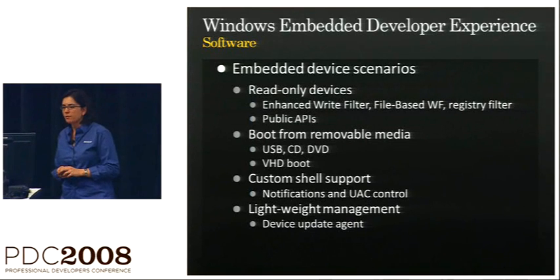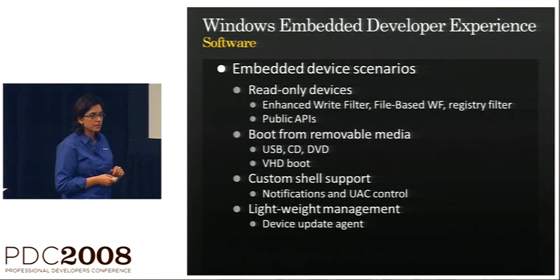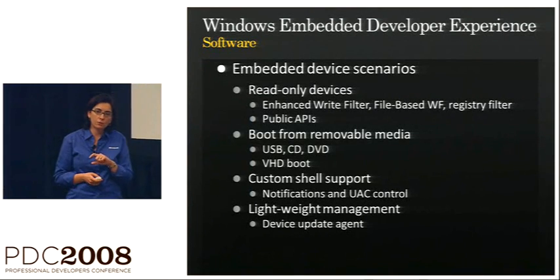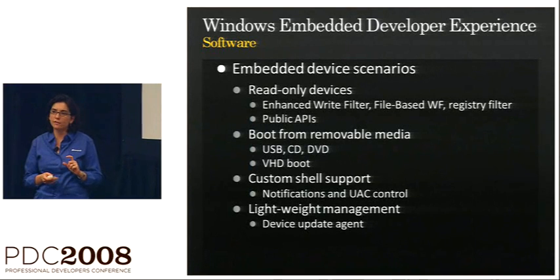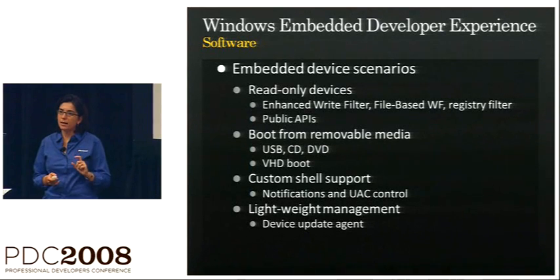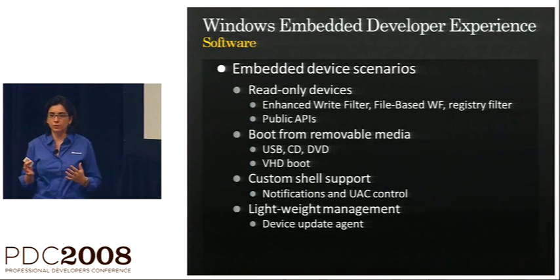And finally, we're providing a very lightweight management infrastructure. It's called Device Update Agent. It can run on your box. It's very lightweight. It doesn't consume a whole lot of RAM and flash space or hard drive space. And you can configure it to access a server, download a script that tells it what to do.